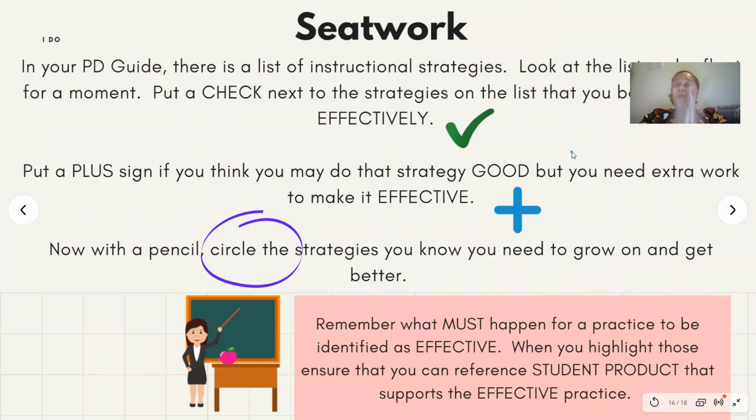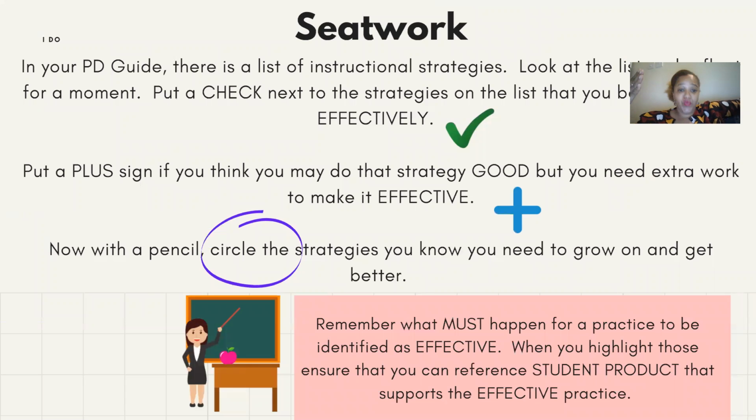Now, let's go and make this about ourselves. You have some seat work. In your PD guide, there's just a random list of instructional strategies. Some are popular, some are not popular. So you're going to look at the list and reflect for a moment, and you're going to simply put a check next to the strategies that you believe you're effective on.